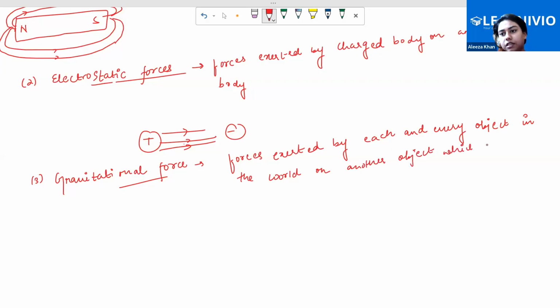Okay, which is an attractive force. Can you give me an example for this?